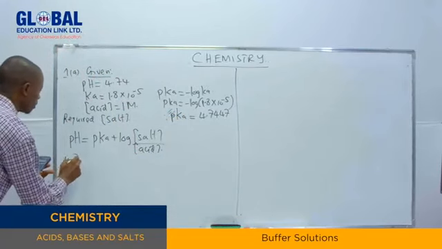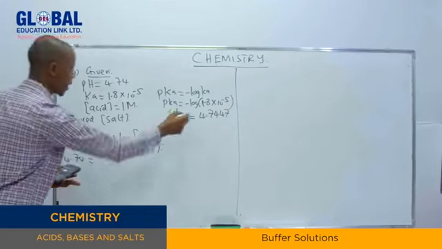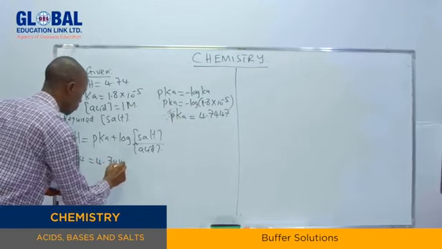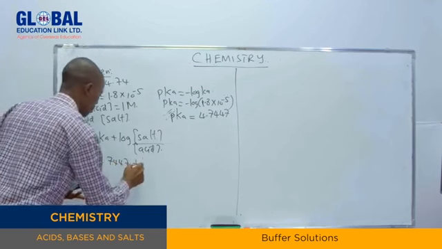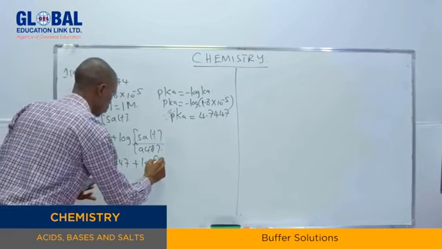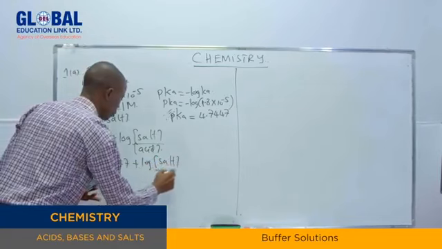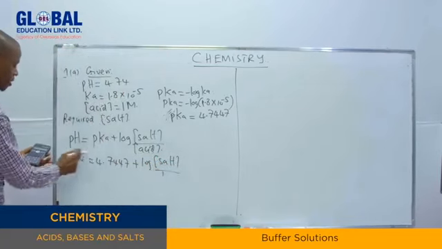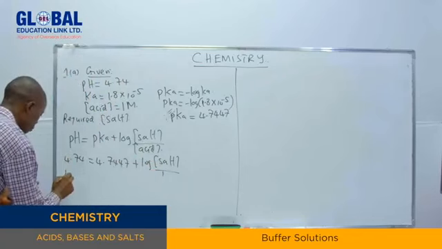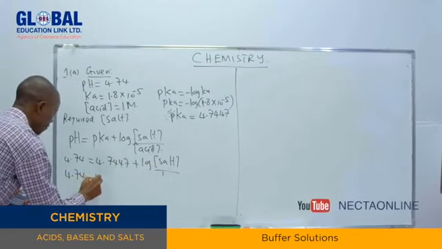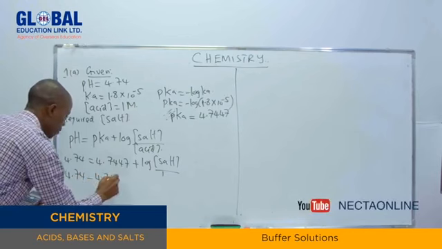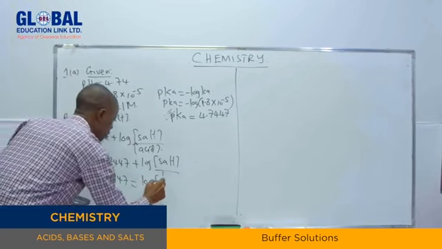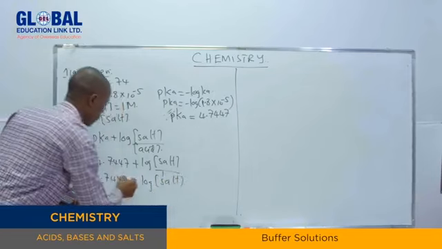This is pKa. Now we just put it there. pH 4.74 equals pKa, 4.7447, plus log concentration of the salt, that is what we're looking for. Concentration of the acid is 1. So you can take this one and subtract to this side. So 4.74 minus 4.7447 is equal to log concentration of the salt.